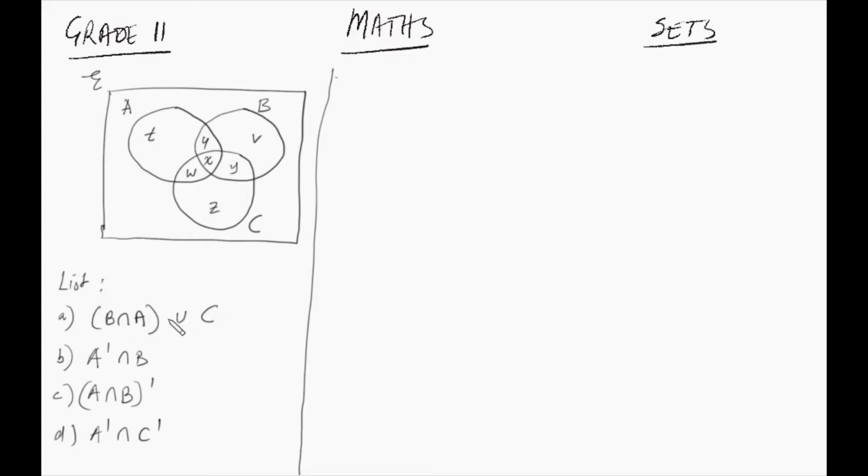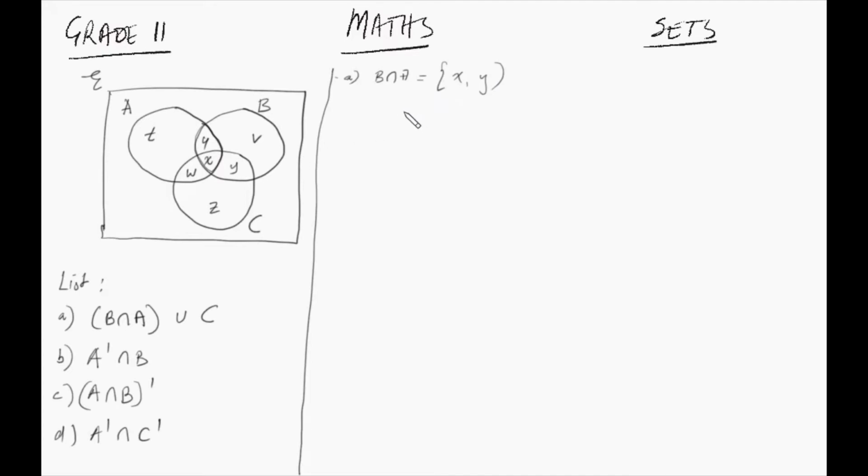You would look for B intersect A, and B intersect A is this region here. So you can say B intersect A equals, then you list them. What do you have? You have X, Y, all right?